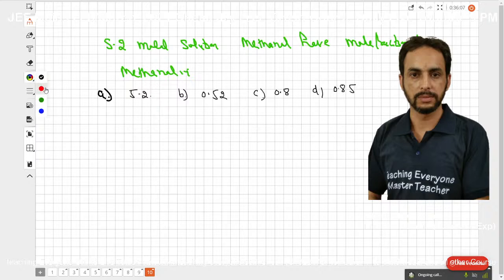So here this option cannot be there because mole fraction is always less than 1. So this option is cancelled from here.